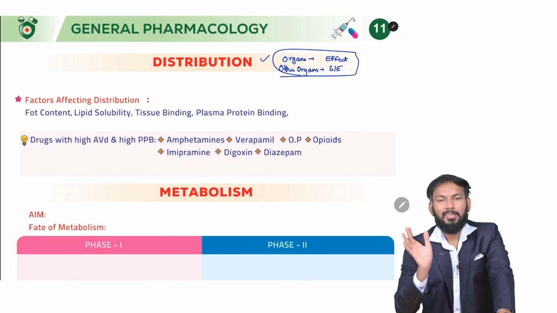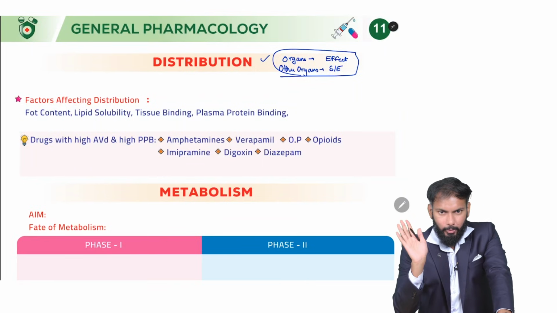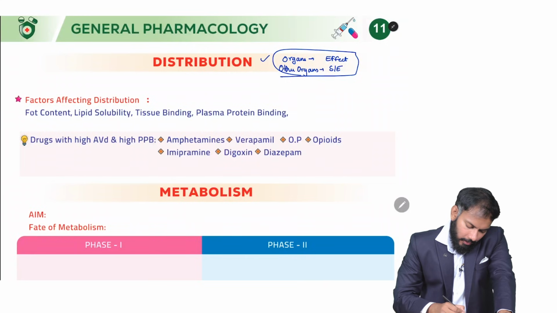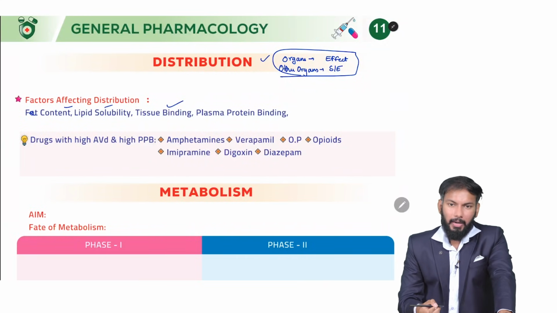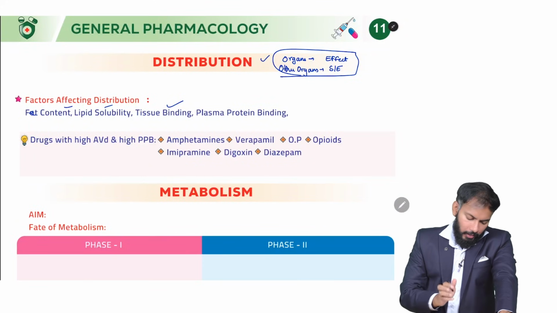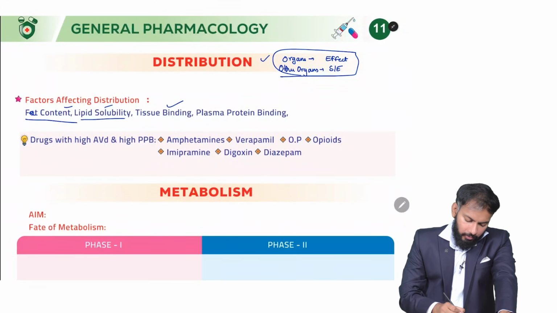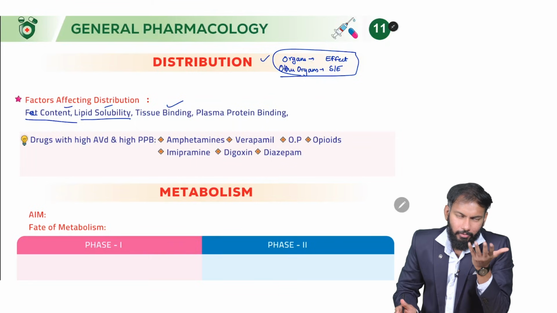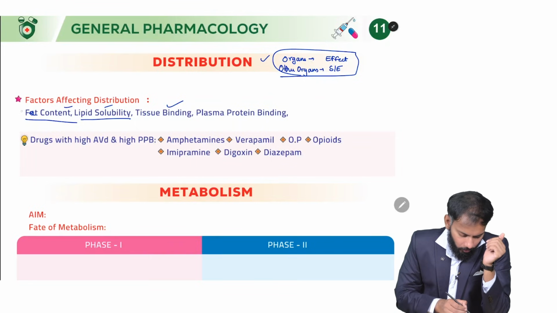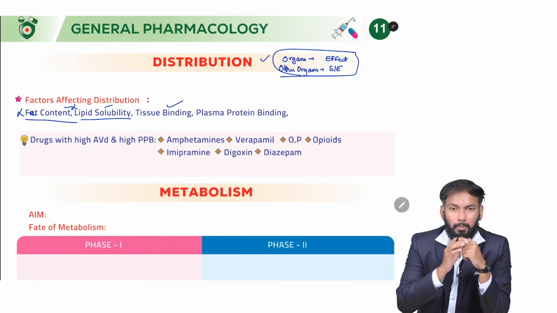Now, what are the factors that are affecting this distribution? Again, these are: fat content, lipid solubility and tissue binding. Let us suppose the fat content is more and the drug is lipid soluble, obviously lipid soluble drugs will stay more in the fat content. So, both of these are directly proportional.